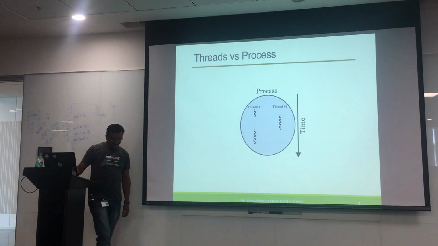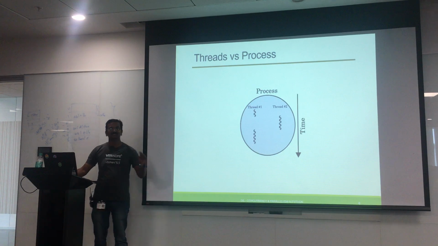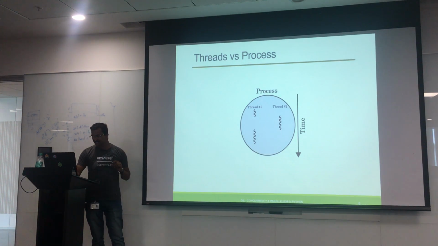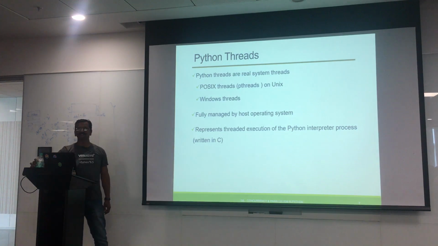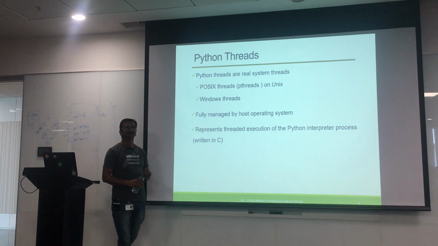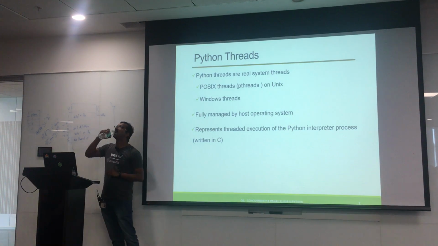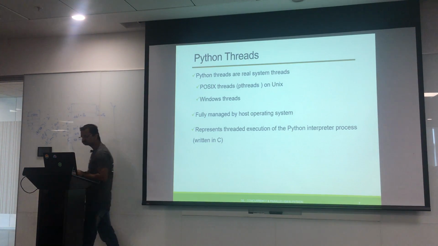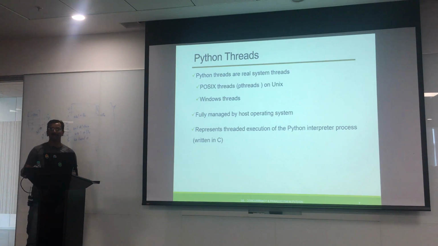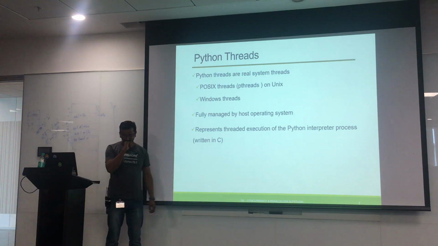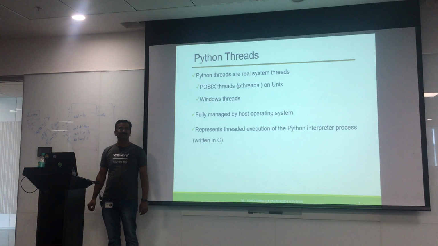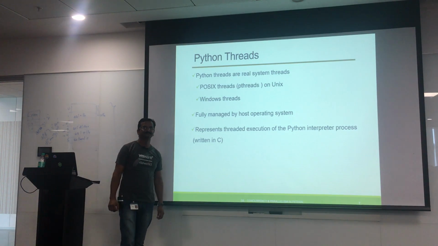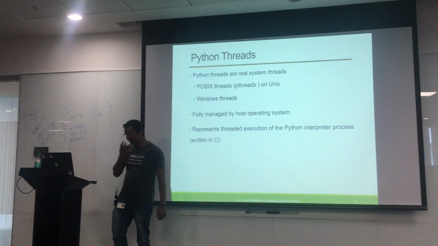And the thread, which is a set of executable instructions, can be given to one CPU only, right? So what about Python threads then? Python also uses real system threads, which are POSIX threads in the case of Unix, and Windows threads in the case of Windows.